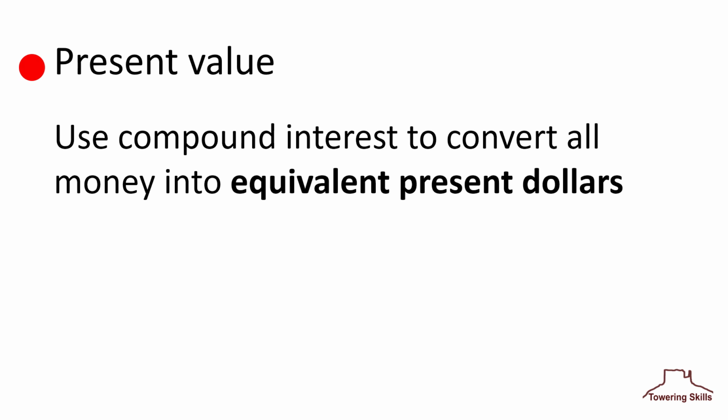Many investments are evaluated from the point of view of the present moment. To do this, you convert all future income and costs to present values. You do this using a compound interest formula. This type of analysis is called present value analysis, and most people use this method to evaluate projects.